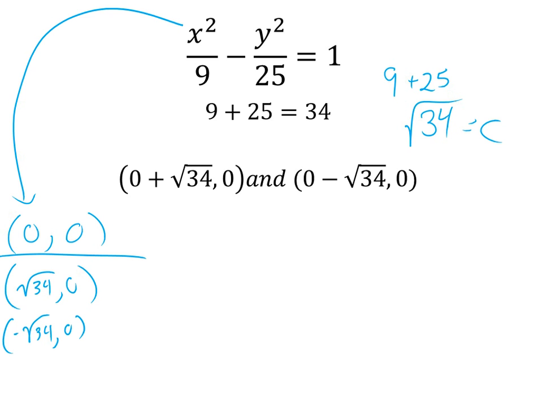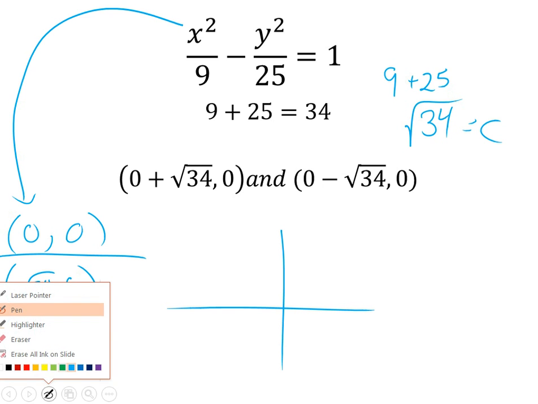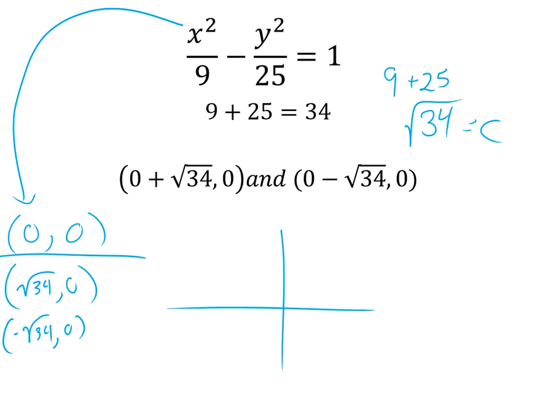Now, if you were to graph this on a coordinate plane, which I'm just going to do a quick sketch of here, let's see here. Over 3, 1, 2, 3, 1, 2, 3, 4, 5. So it's going to open up somewhere like this, approximately.